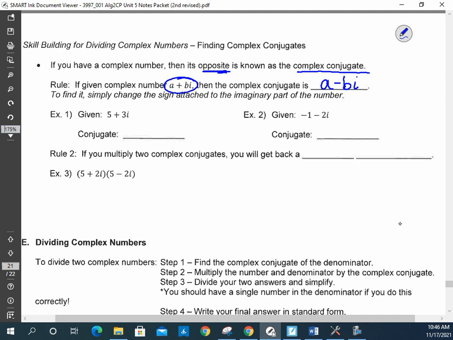Simply change the sign attached to the imaginary part of the number. So the sign that's in the middle, take the opposite of it. If you were given 5 plus 3i, the conjugate would be 5 minus 3i. Negative 1 minus 2i becomes negative 1 plus 2i. So those are opposites.